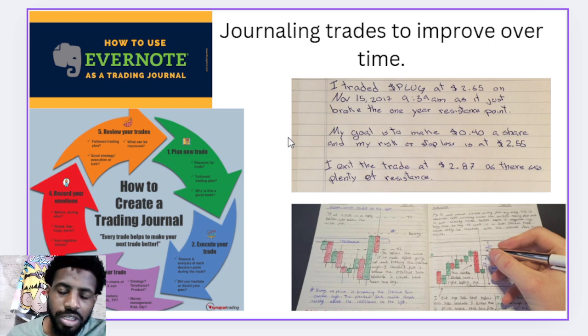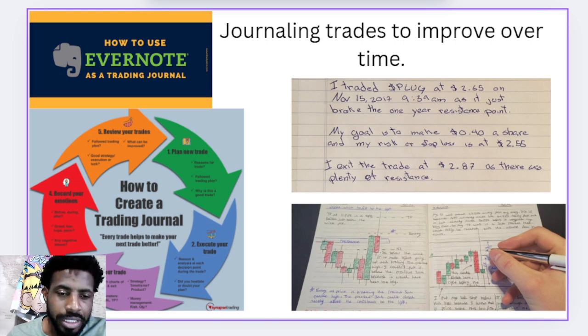Execute your trades by entering the market, exiting the market. Record your trades by screenshotting them, and record your emotions as well by writing them down. What were you feeling before you entered the trade, during the trade while you were managing it, after the trade?